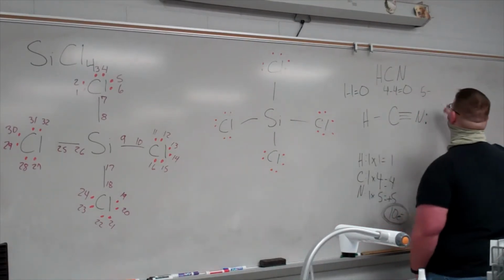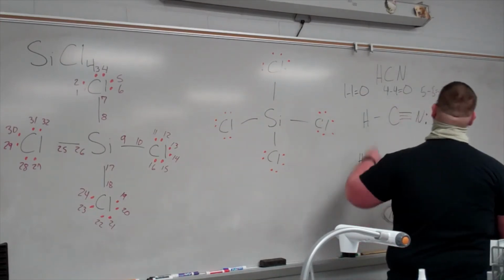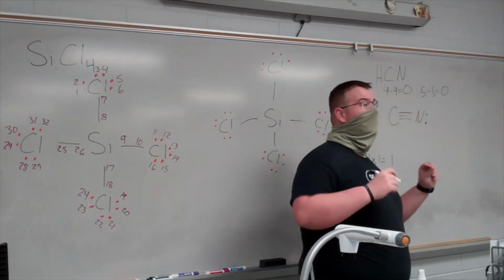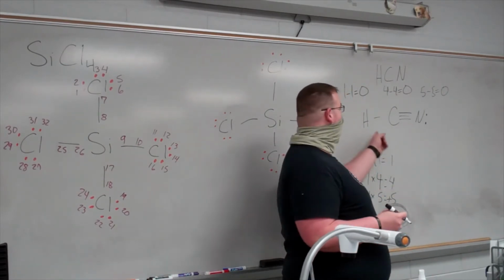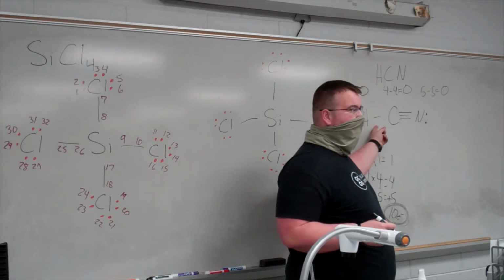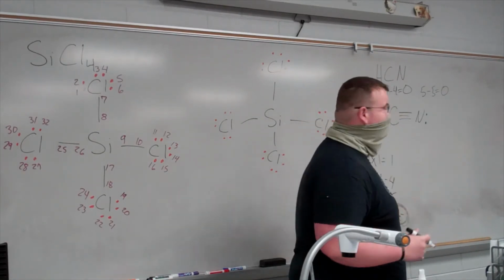Very good. So 0, no charges. Is there anywhere else that triple bond could have gone? No. Why couldn't it go here with hydrogen? It's a rule breaker. It only forms a single bond. I'm going to drill this into y'all.